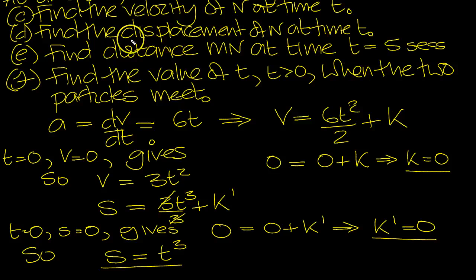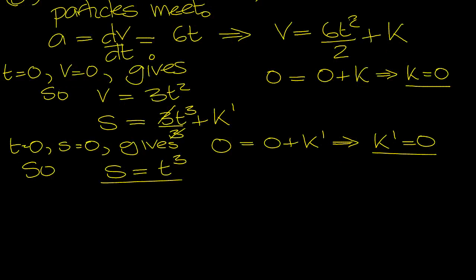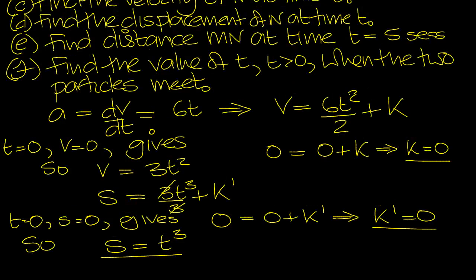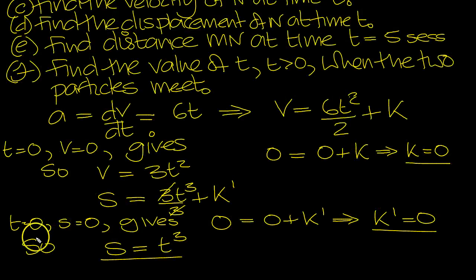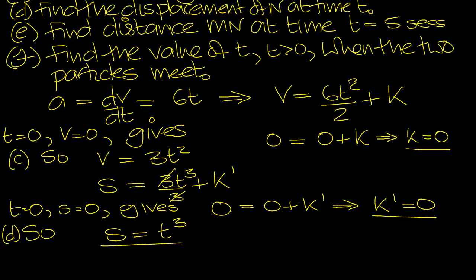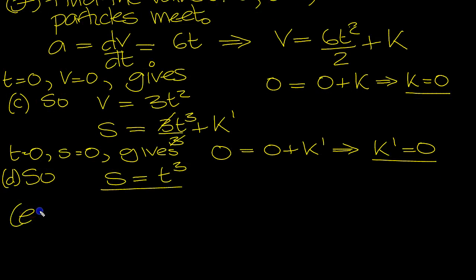Okay, we've done the displacement. Find the distance mn at time t equals 5 seconds. That was part D, so this must be part E. The distance of n is t cubed.